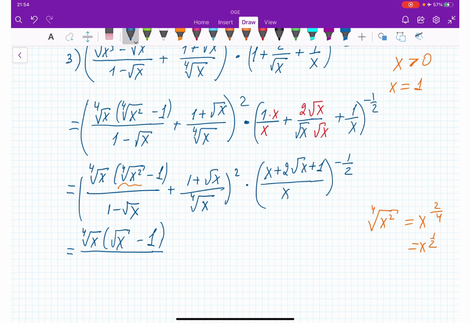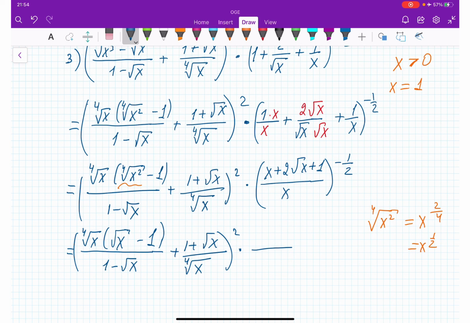It's beautiful, right? And here we have 1 minus square root of x. Look here, we have similarity. All I have to do is place a negative sign in front, and I will get the same expression, and I can cancel them. Okay, plus 1 plus square root of x over radical degree 4 of x, and all this squared. Now times.